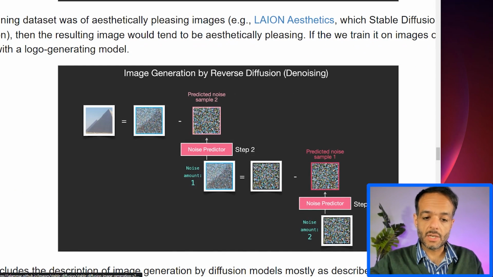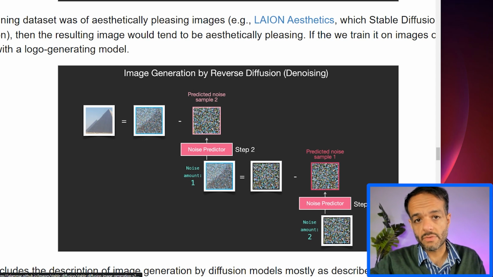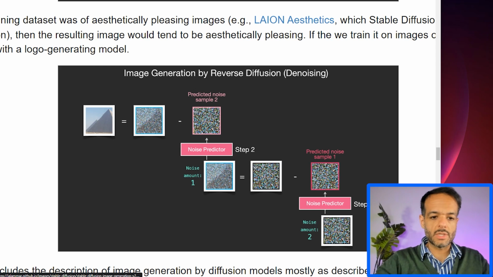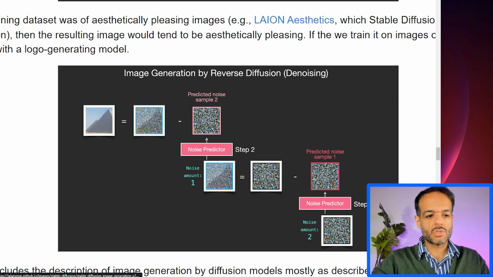Let's go back and say, now the noise amount is 2. Let's predict that noise and remove it a little bit. We get a clearer image. And then we are at noise amount 1 now. Let's predict that, subtract it again, and then we end up with the final image. So we start here with the completely noisy image, and then we generate the final image here.